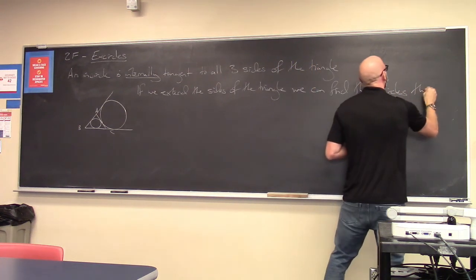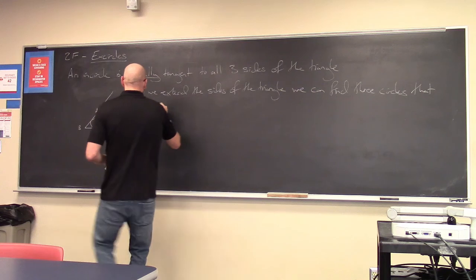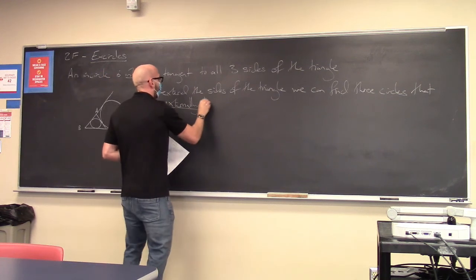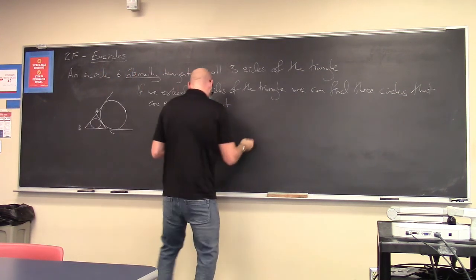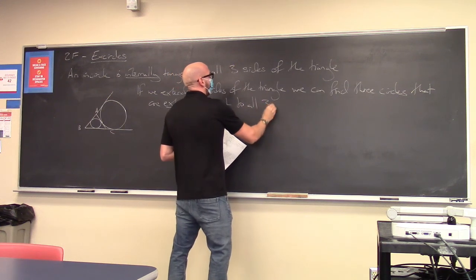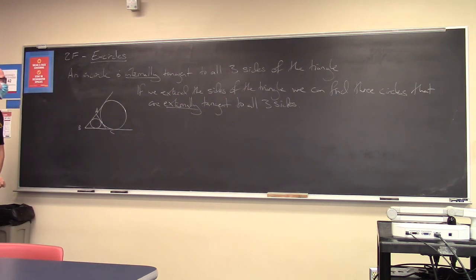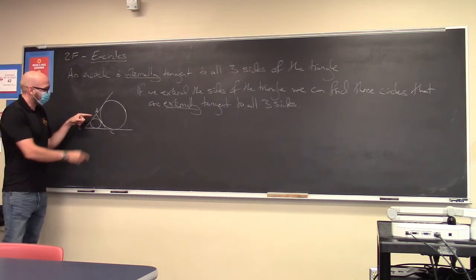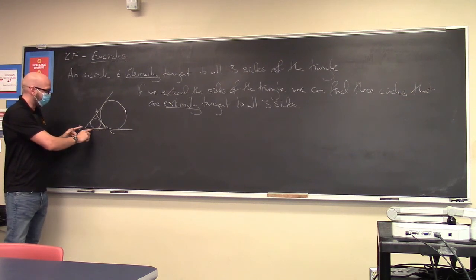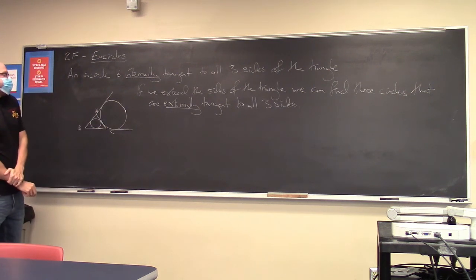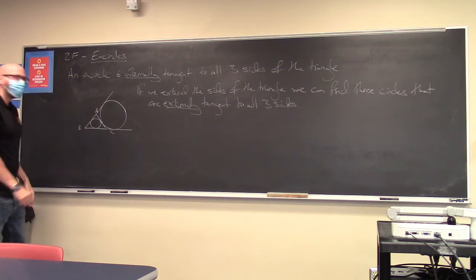We can find three circles that are externally tangent to all three sides. Although you might take offense to me claiming that it's externally tangent to all three sides. As I write it, I kind of take offense to that too. It's obviously externally tangent to AC, but I don't know what this really means. Is it externally tangent to BC or not, even the extended version? But externally tangent to at least one side and then the other two extended sides.